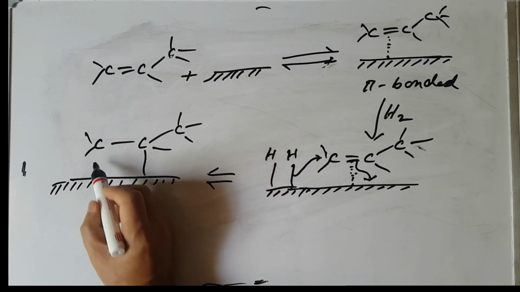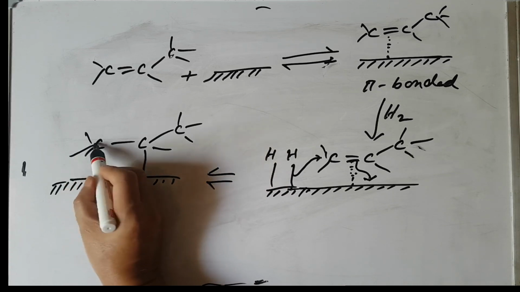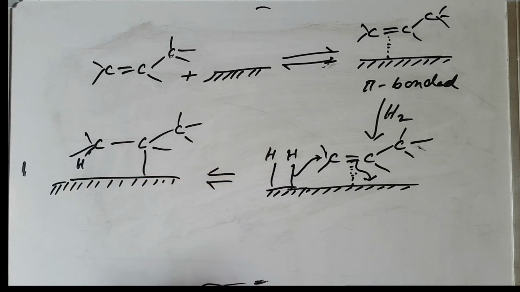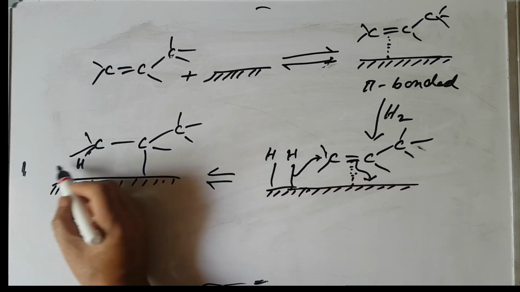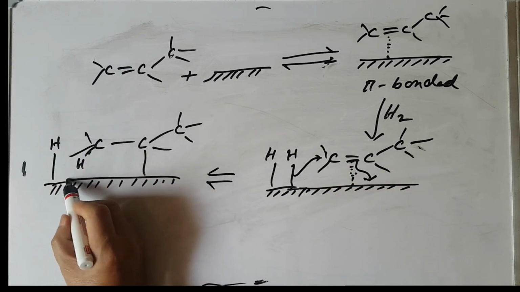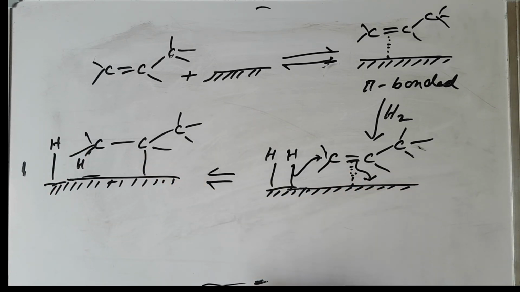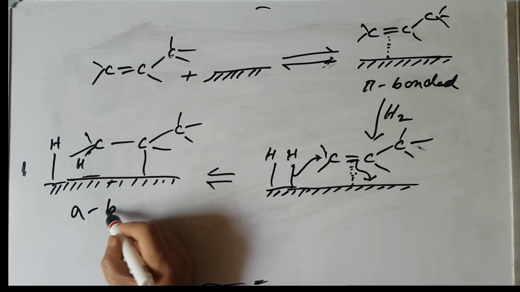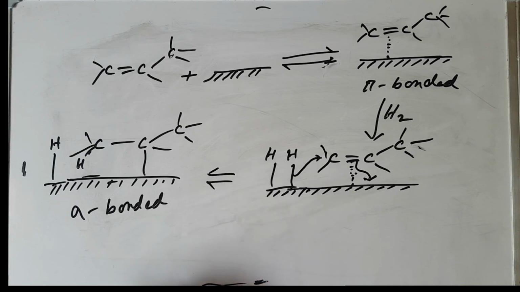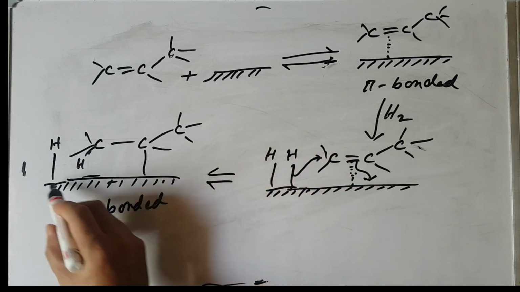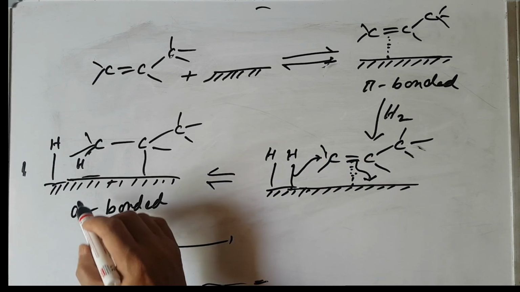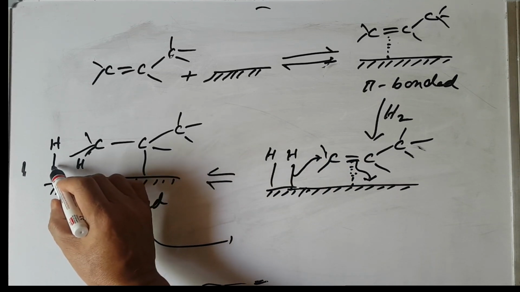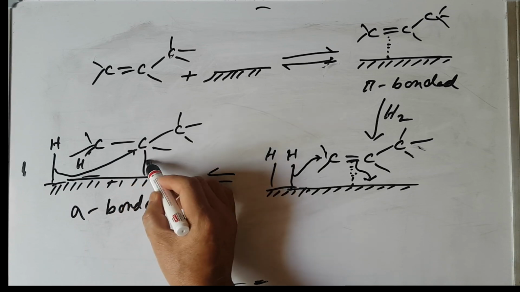Then one hydrogen is transferred like this, and then another hydrogen here. So this is the second step, transfer of the hydrogen atom. This is called a sigma bonded complex, an intermediate. Finally, another hydrogen atom attacks here.